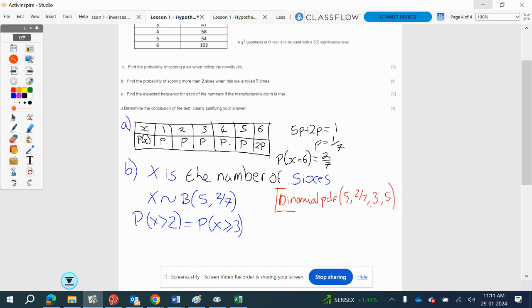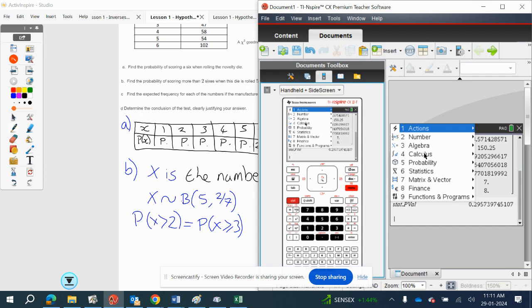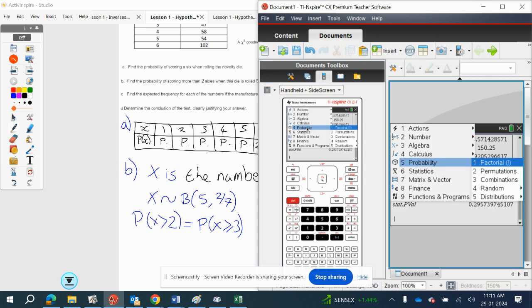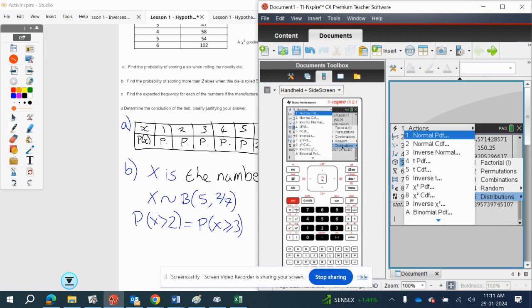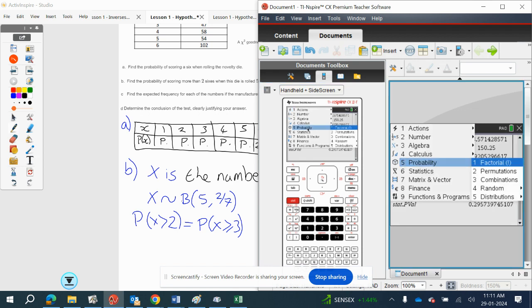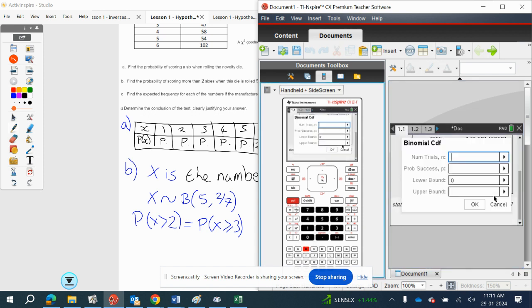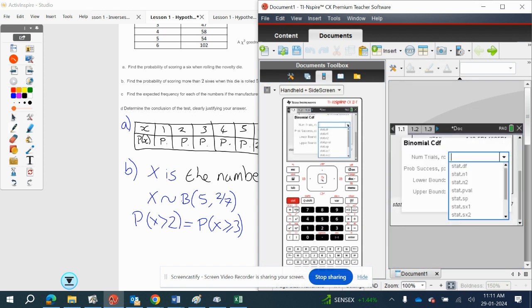Okay, so let's do that on the calculator. We need menu, probability distributions. We need a binomial CDF. Menu, 5, probability, 5, probability distributions, and B. Number of trials, 5.